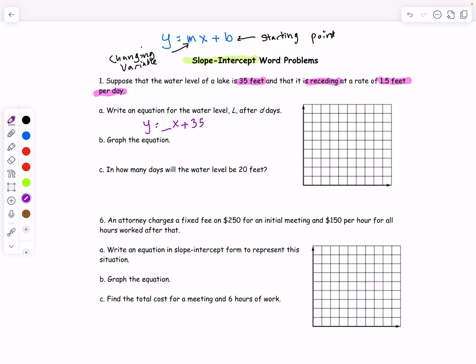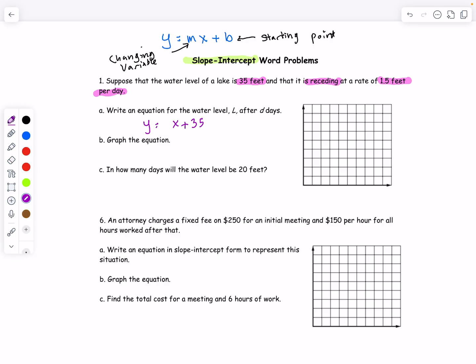Now, our changing variable is this 1.5 feet, and we know that's changing because it says 1.5 feet per day. So depending on however many days, we just multiply 1.5 times that number, and that'll tell us how much it's receding by.